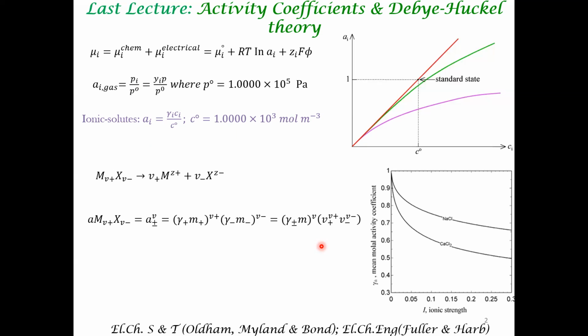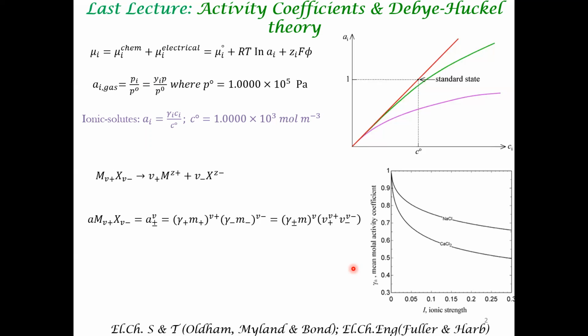Once you have chemical potential, properties like phase equilibrium and colligative properties can be computed, and the experimental measurement of activity, which depends upon the mean activity coefficient, is obtained by measuring properties of phase equilibrium or colligative properties.